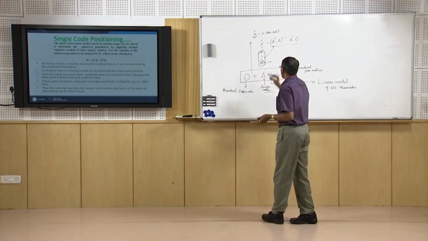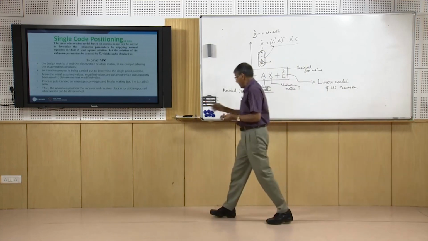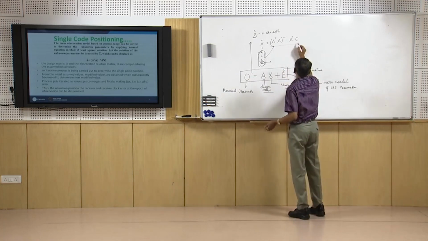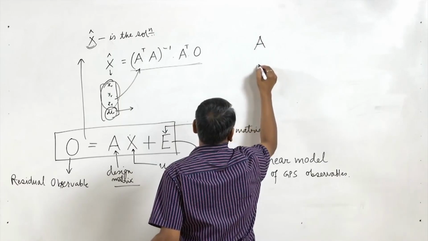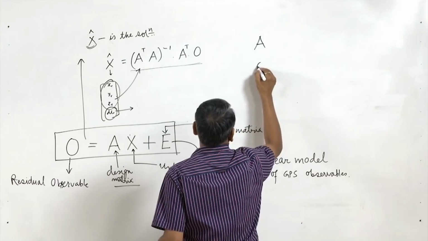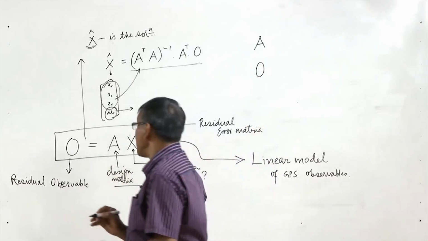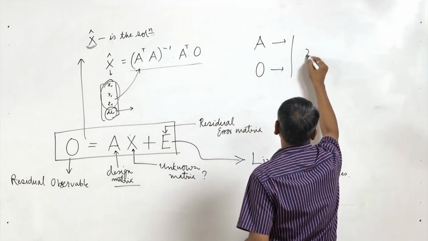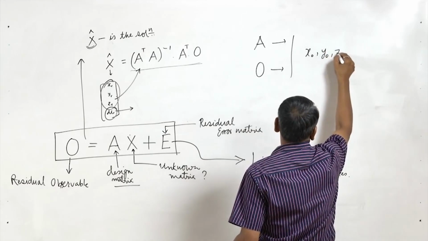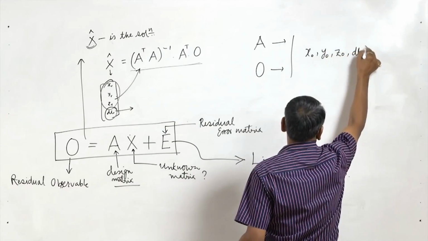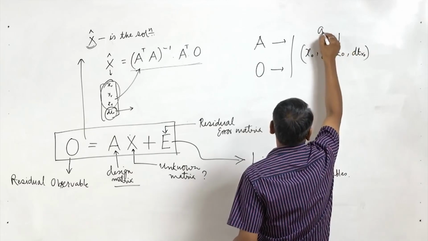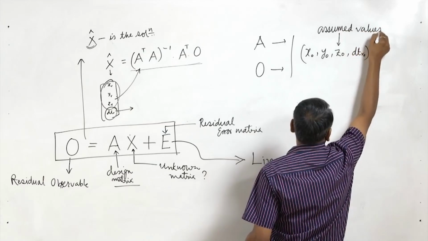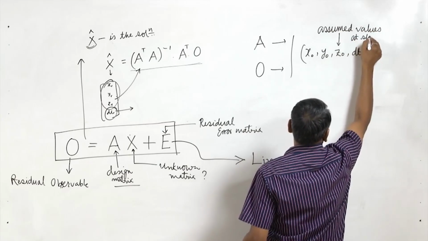Now, as you have seen in the previous explanation, the design matrix and the observables, these two are computed. We start with x0, y0, z0, dtr0. These are the assumed values at start.